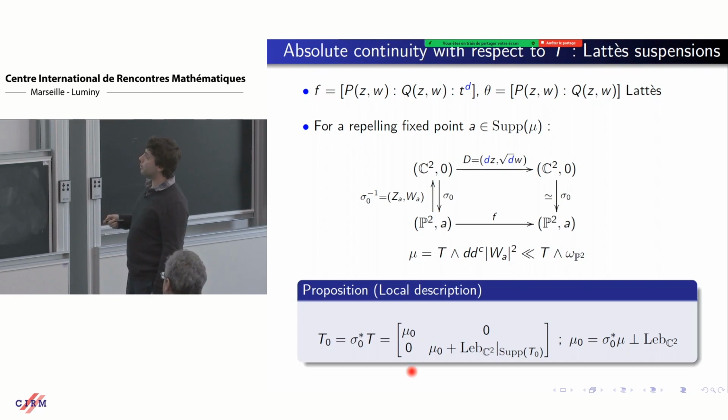And what is important is that there is this special formula that tells you that the measure is the first element of the matrix that defines the currents. So this is a very special formula. But it is really interesting.